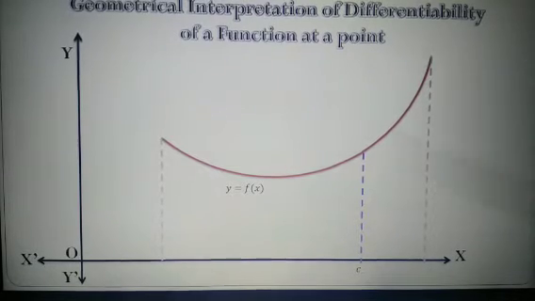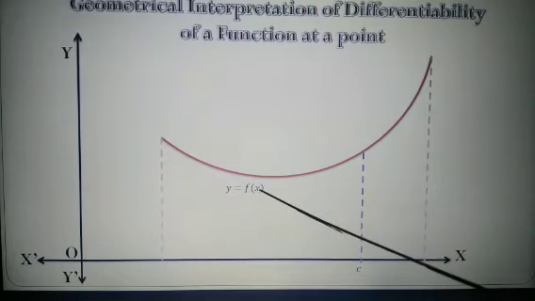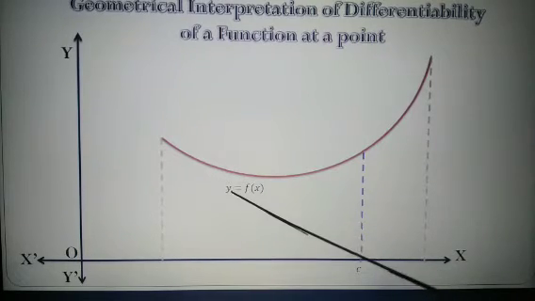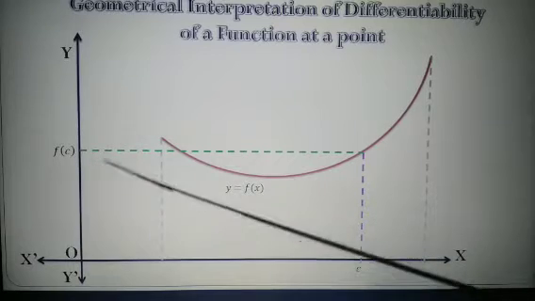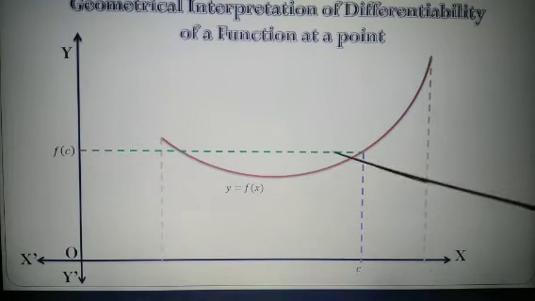Now if this is c, then its corresponding y value, because when it is x, its y value is f(x). So when the value of x is c, the y value will be f(c). So this is my f(c), this height is f(c).